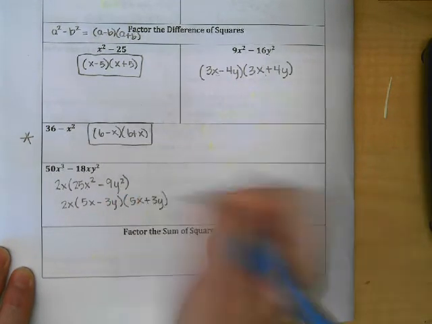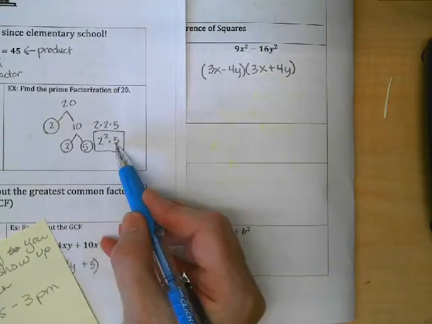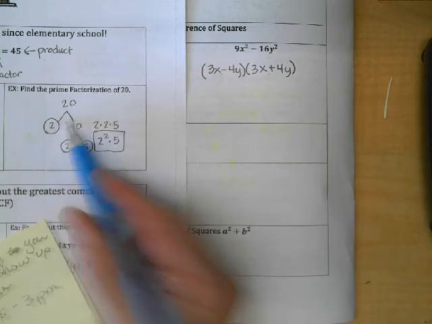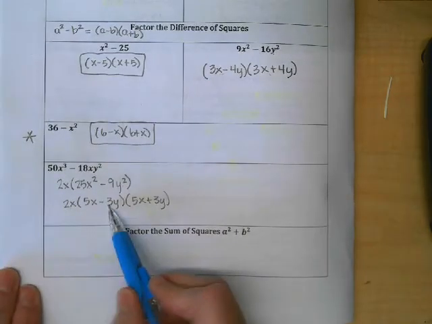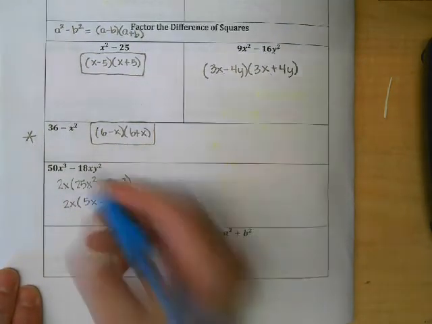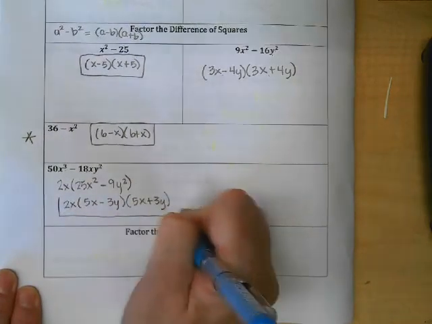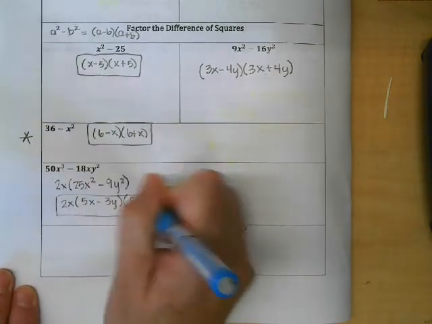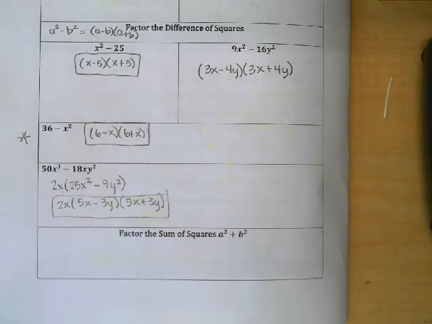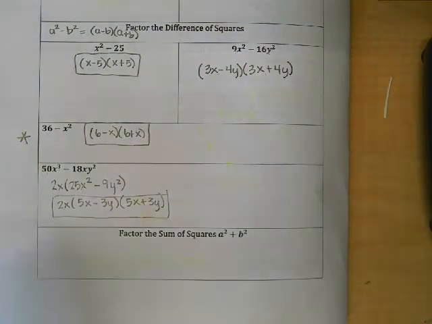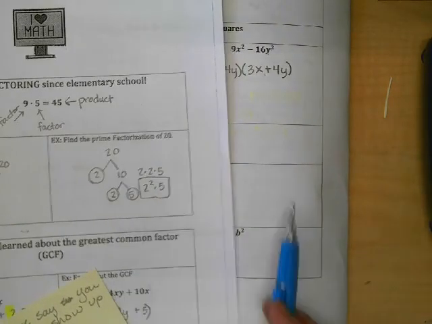So what this means, just like this, that if I did 2 squared times 5, I would get 20 back again. If I did this times this times this, I would get that back again. That's what it means to factor. It just looks different, but it's the same thing as what we were doing here. I should say the same concept.